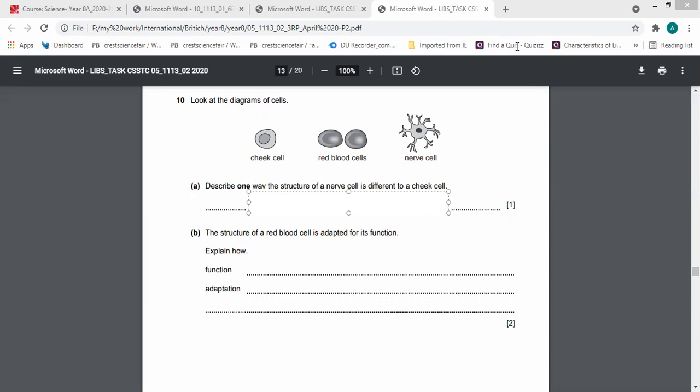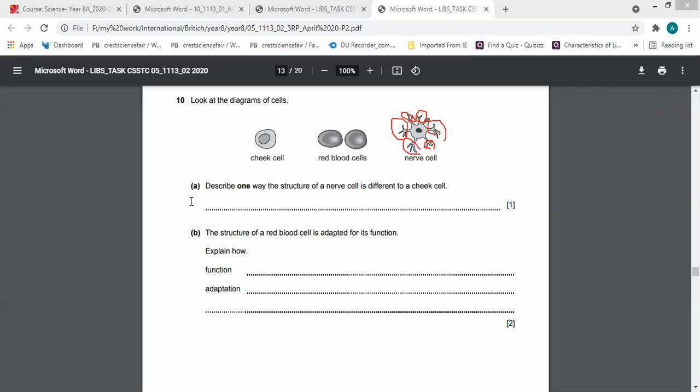These parts from the body of the nerve cell are called dendrites or extensions, to have the ability to contact other cells, but the cheek cell can't connect with other cells.